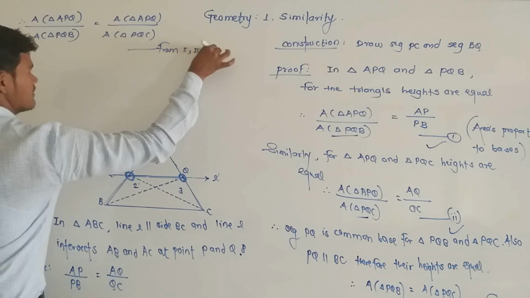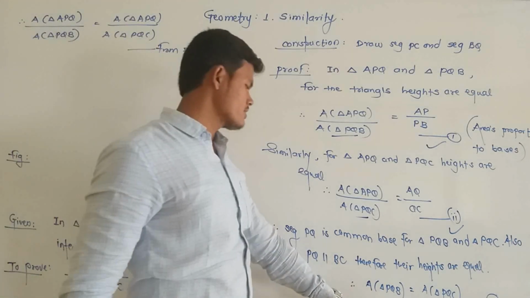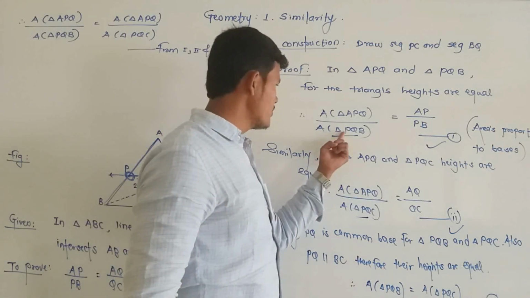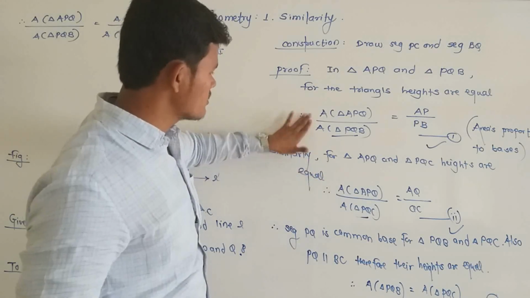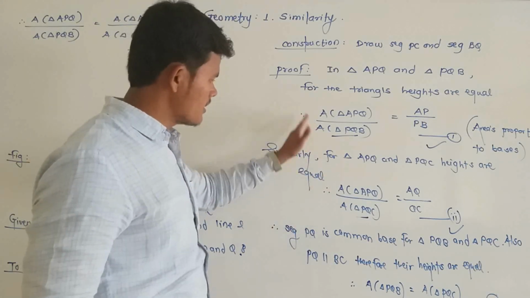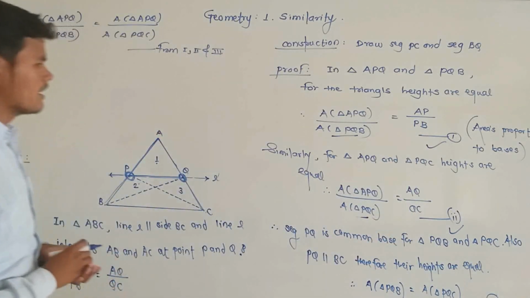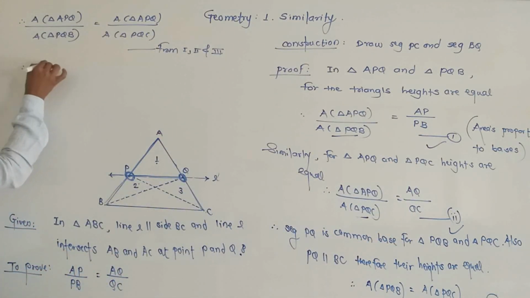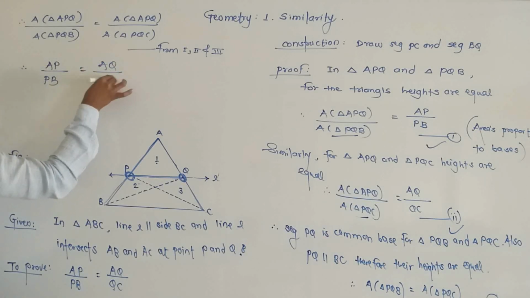Why both the ratios are equal? Because from equation 3rd we get area of triangle PQB is equal to area of triangle PQC. That means both the ratios are equal, and if both the ratios are equal, that means left hand sides are equal, so their right hand sides are also equal. So we get finally AP upon PB is equal to AQ upon QC.